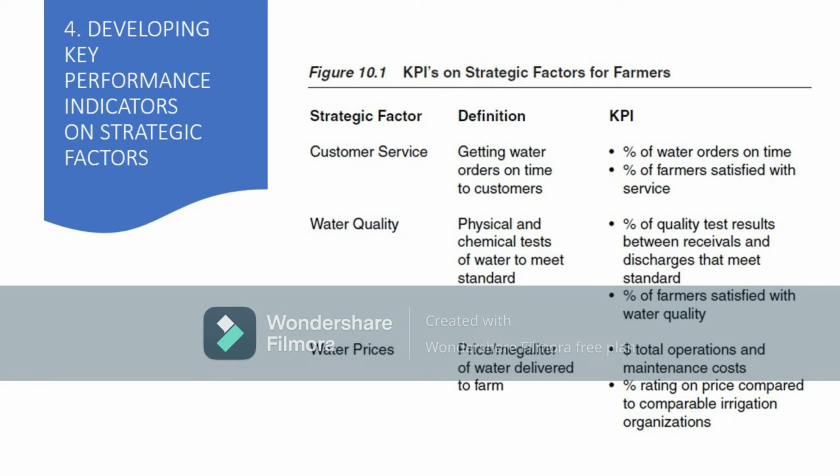You're then in a much better position to develop relevant definitions and measures. The example below lists KPIs for strategic factors for farmers of Griffith Irrigation, an actual organization which we assisted with planning and measurement, although its name has been changed.